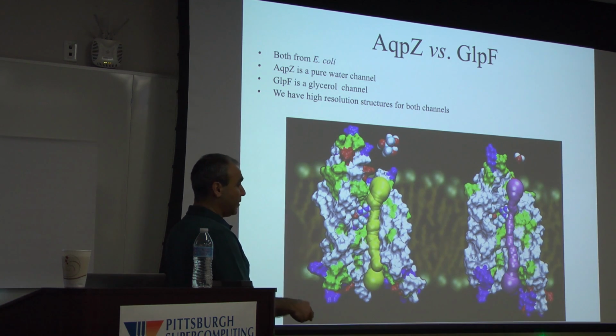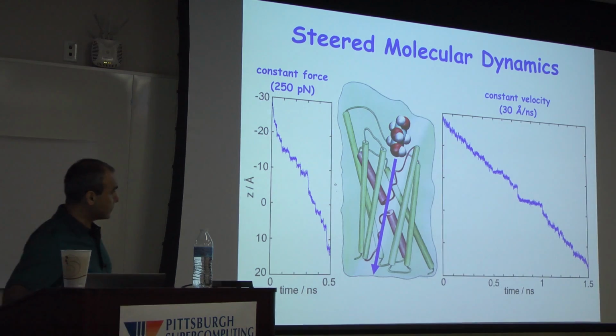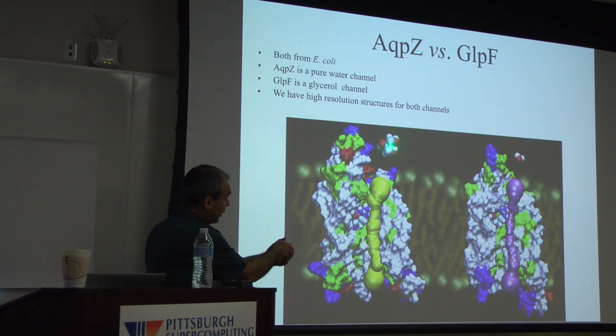So we see water permeation on its own. I showed you the movie. But for glycerol, it doesn't happen. So what can we do? We decided to do glycerol permeation through a glycerol channel, just pull it through the system. And we decided to also repeat it for the other channel.